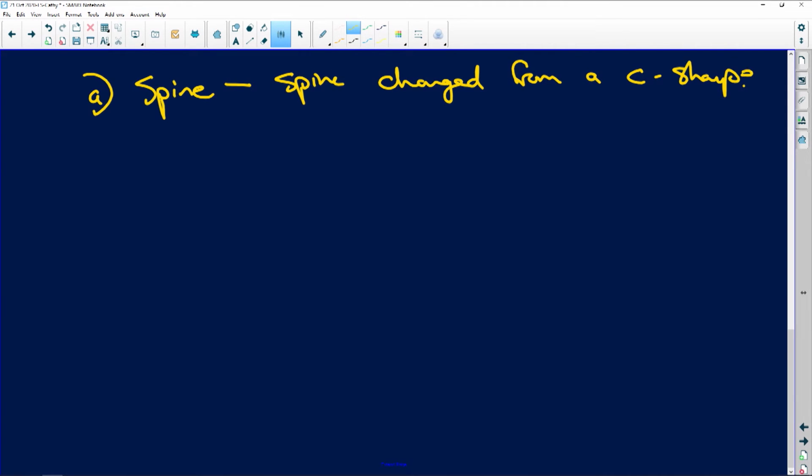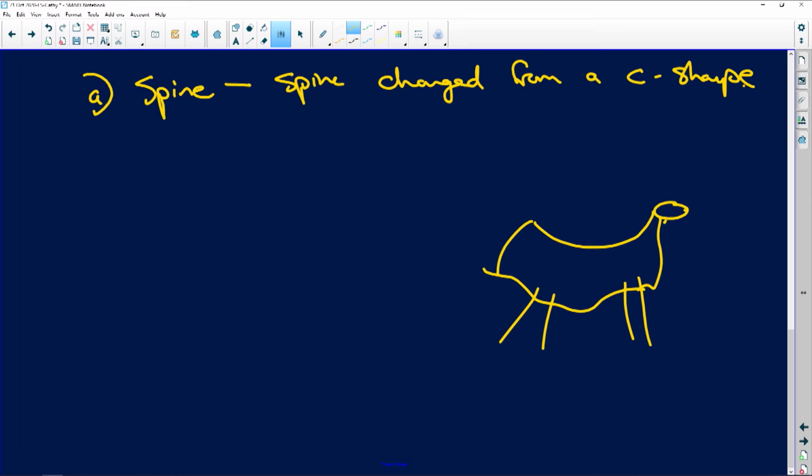Remember, your gorilla's head is here, and the spine does that. You guys are going to laugh at me, but those are the four legs of the gorilla. So it's got a C-shaped spine.